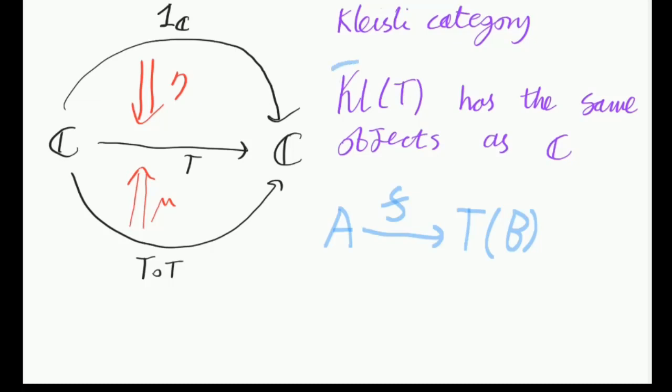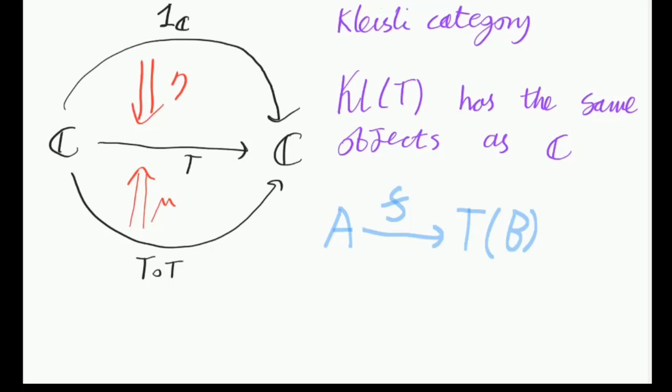Firstly, what are the objects of the Kleisli category of T? And that's easy because the Kleisli category of T has the same objects as the original category C has. Okay, so for example, if C is Set, then the objects of this Kleisli category are again just going to be sets.